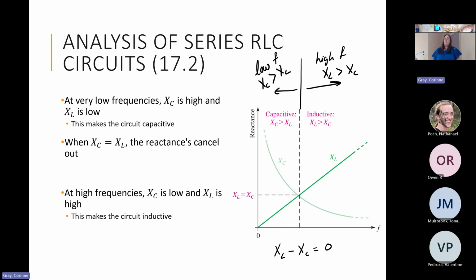And what this is going to do is, if we wanted to look at impedance, it would just be the resistor. We're going to come back to this in a little bit, but it is sometimes referred to as the series resonance. It is a very specific frequency that is circuit dependent because it's going to depend on the inductance and the capacitance values.